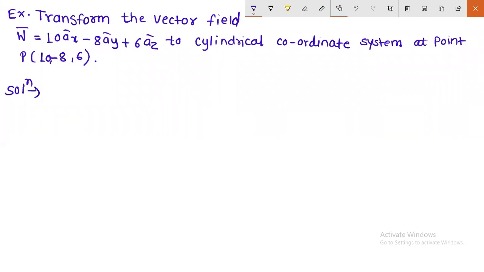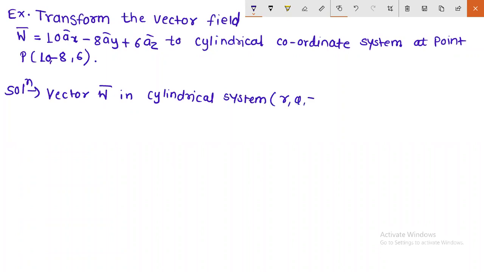And we have to convert that vector into cylindrical coordinate system at this point P. So we have to first write vector w bar in cylindrical system, having coordinates r, phi and z.